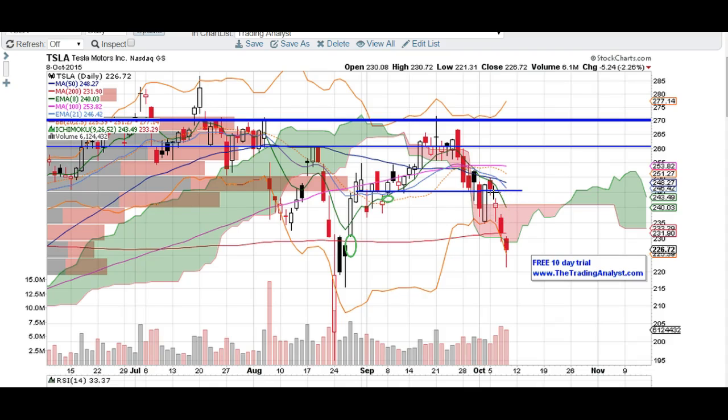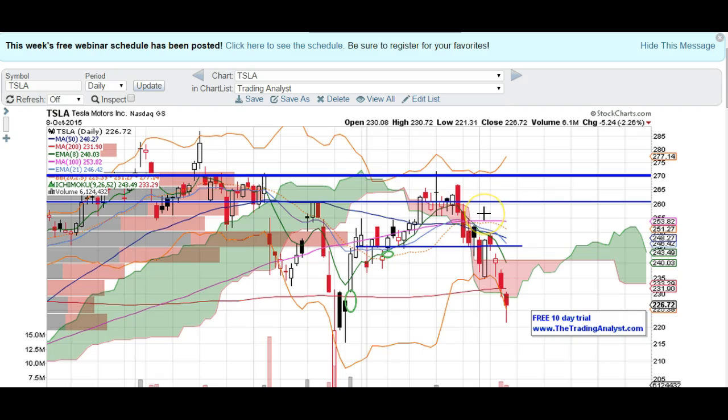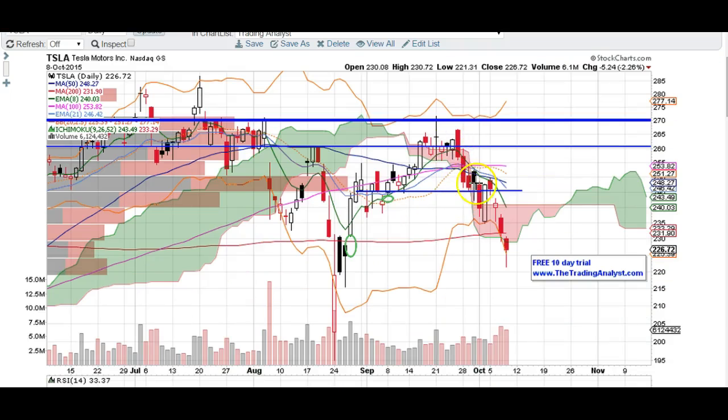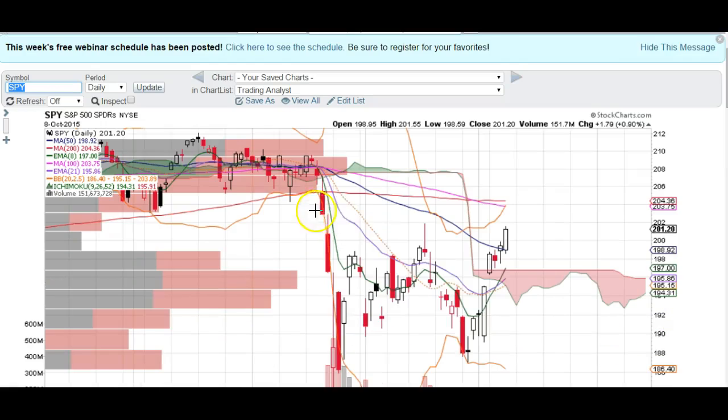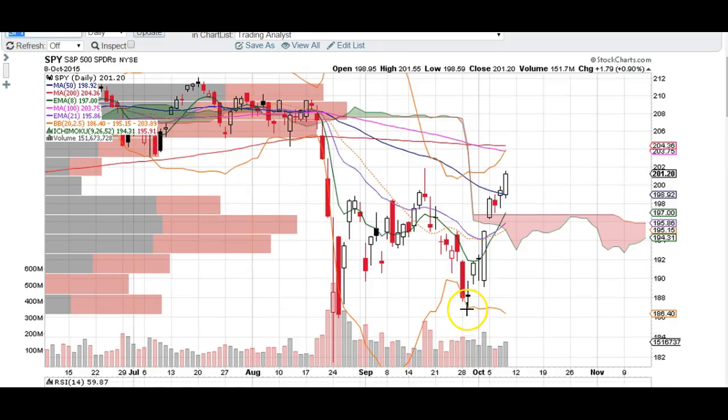Okay. Another thing I want to mention is I mentioned it before, but I do want to mention the relative weakness to the S&P 500. What that means, if you don't know what that means, is that relatively speaking to the S&P 500, it is weak. So if you look at this chart, see how Tesla has been since early or mid-September heading down, and then all you have to do is just look at the S&P 500 chart here, and it's been doing essentially the opposite of what the S&P 500 has been doing.